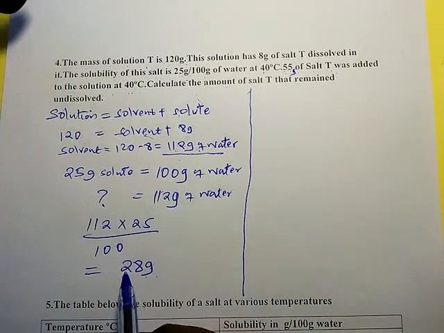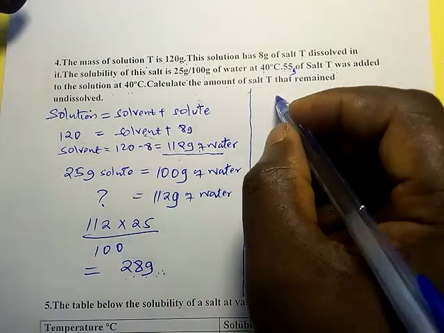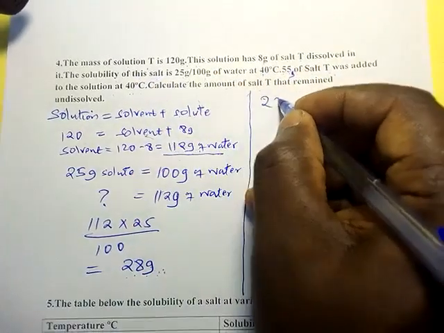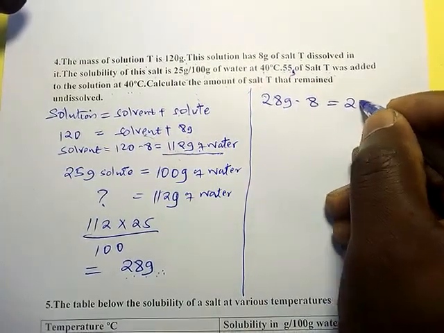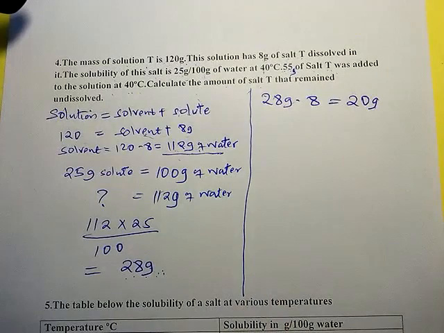This is our total mass of the solute that is required to have a saturated solution. But already we have 8 grams in the solution. So therefore, 28 grams minus 8, we want 20 grams to make our solution saturated.